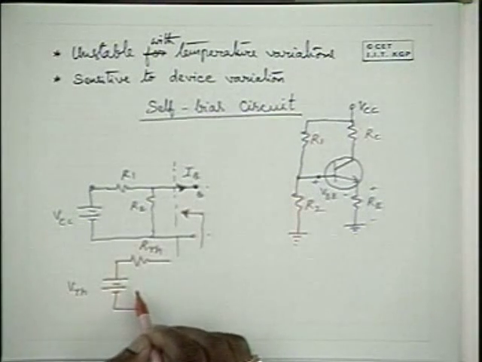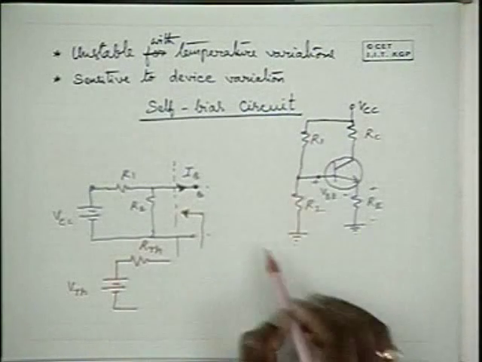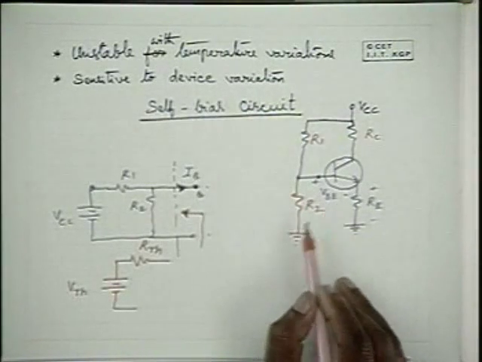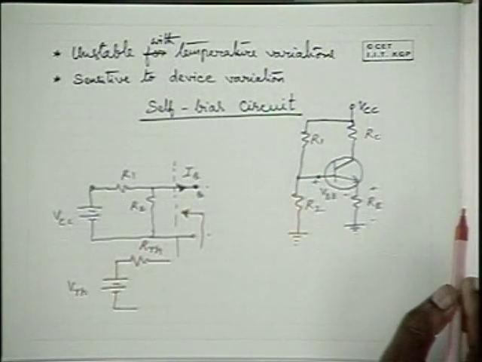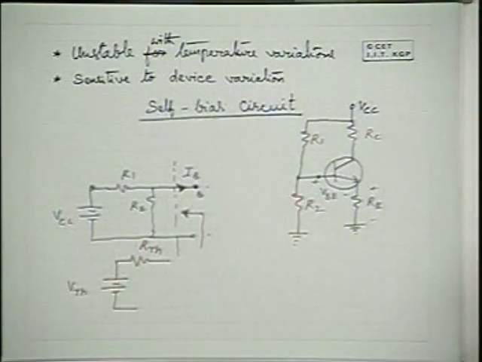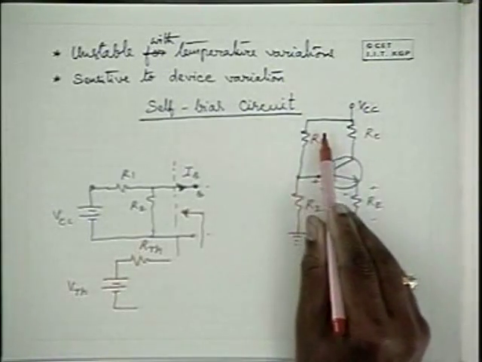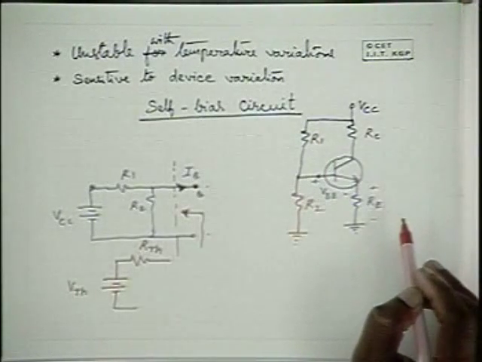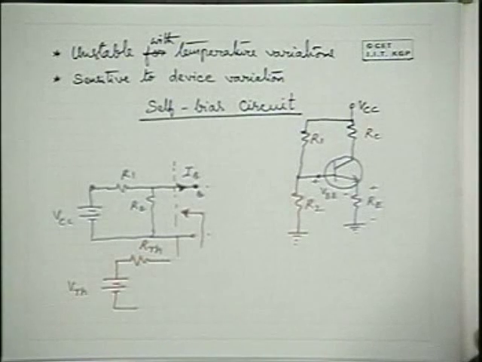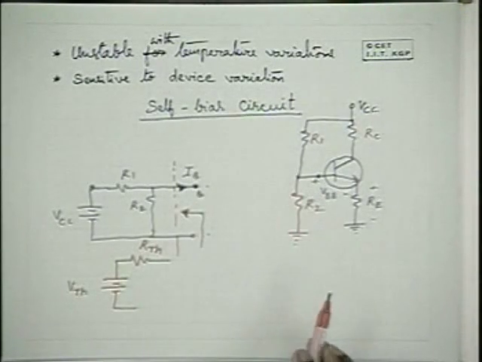If you do so, the input side circuit gets simplified, and the number of equations to analyze this circuit decreases to 2 from 3. As such, this can be analyzed with one mesh equation here, one here, and one here. You have to solve 3 equations. Now, by using Thevenin's equivalent, I will reduce it to 2 equations.